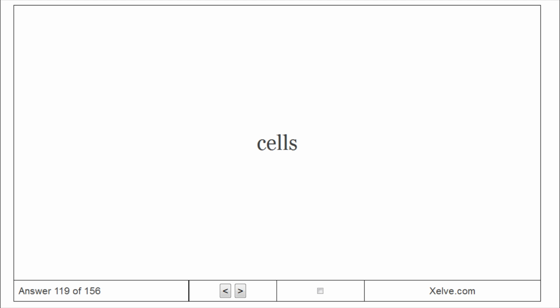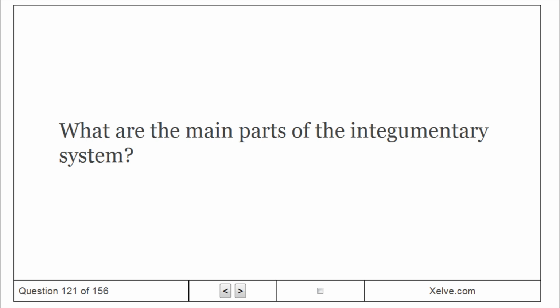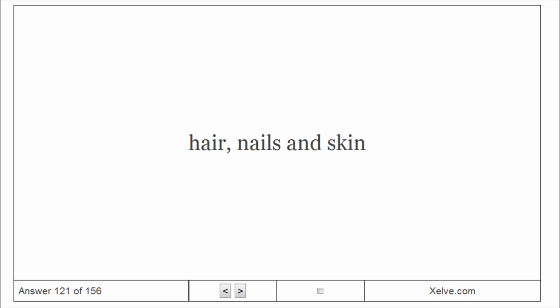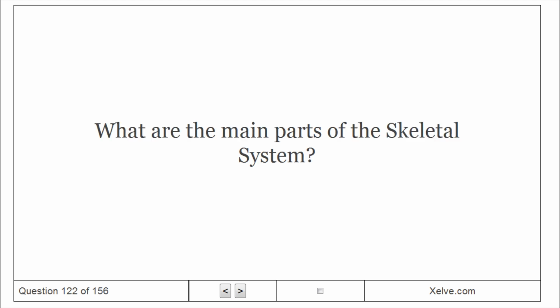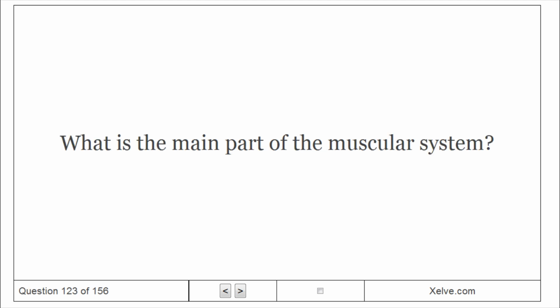What are the main parts of the integumentary system? Hair, nails, and skin. What are the main parts of the skeletal system? Bones and joints. What is the main part of the muscular system?